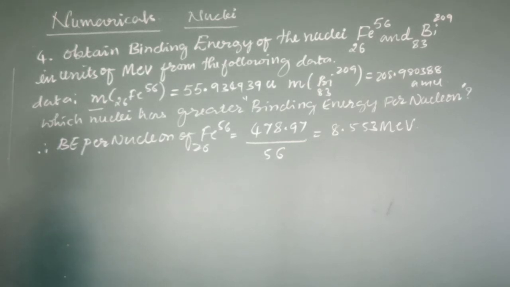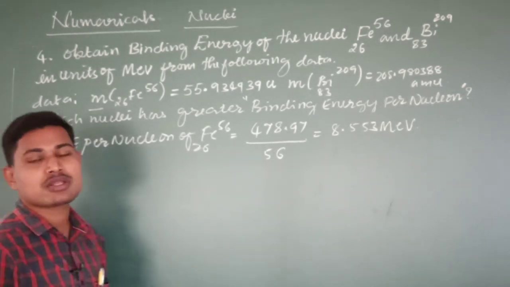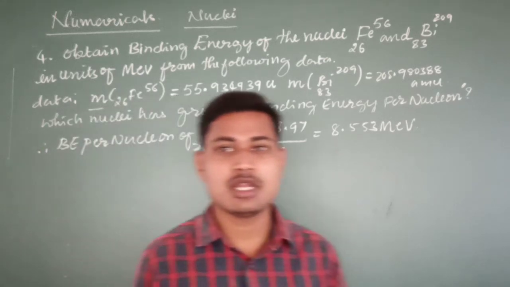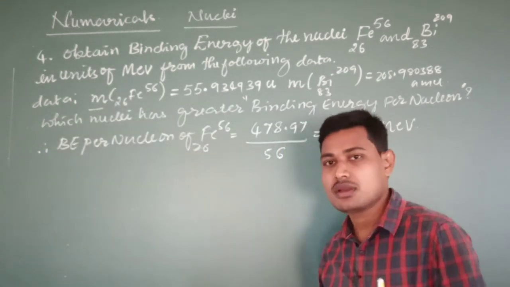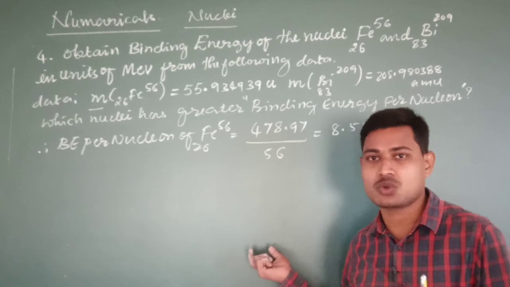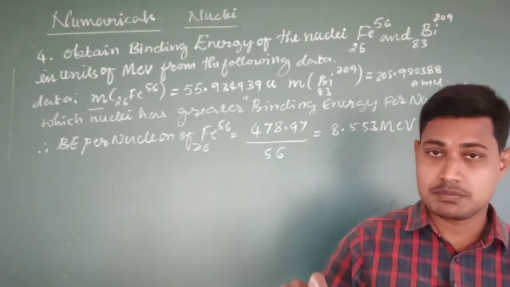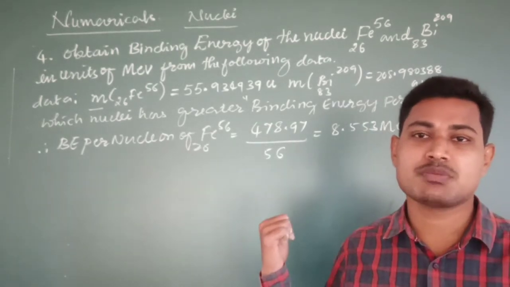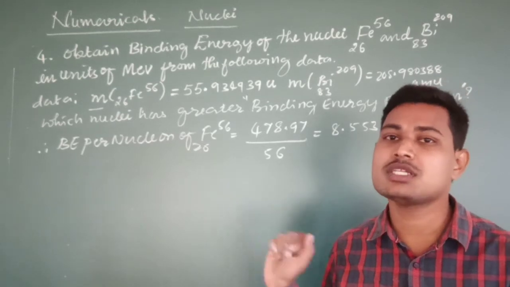8.553 MeV. Just you keep this value aside and next you find similarly the binding energy for the bismuth nucleus as well as binding energy per nucleon for the bismuth nucleus. Just you compare these two values.